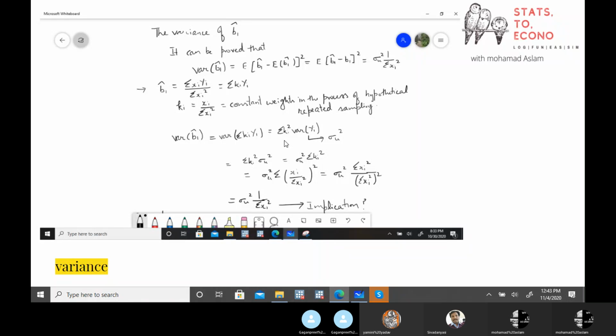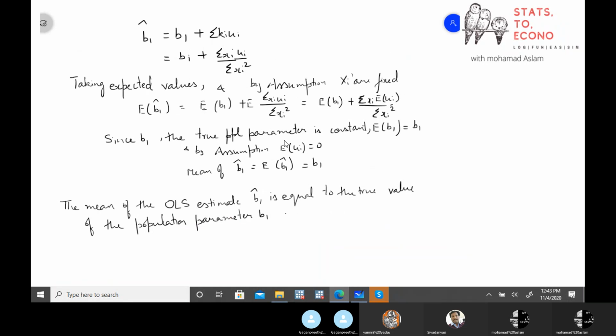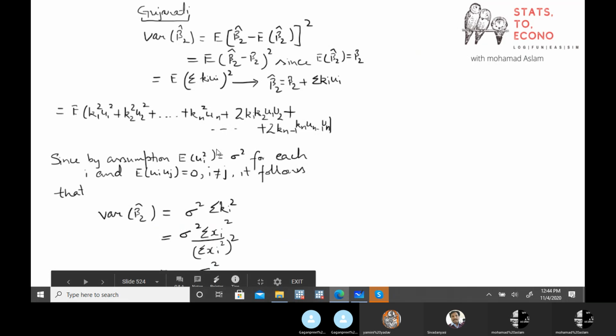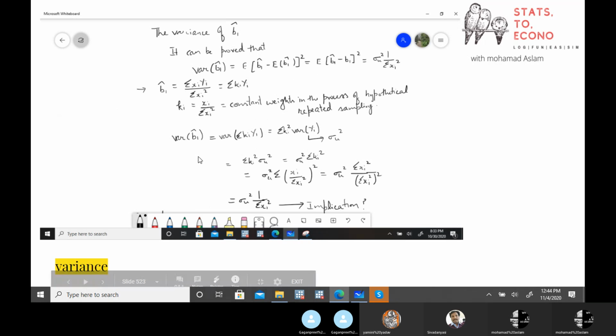So if we go by this particular method of Gujarati, then we need this particular derivation to prove it, because we are using this as an assumption. And if we go by the Chinese method, then we need this particular property, that the variance of yi is equal to sigma square.